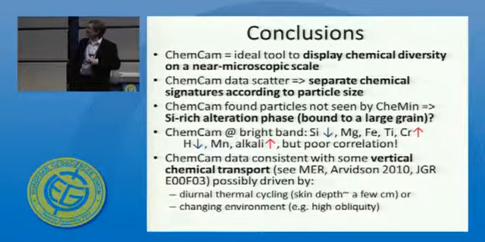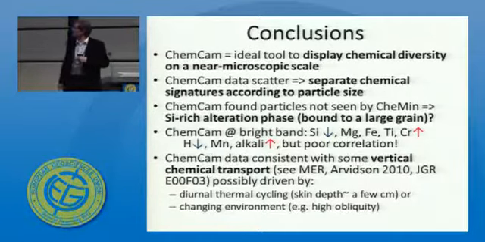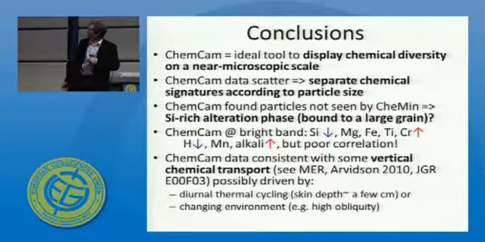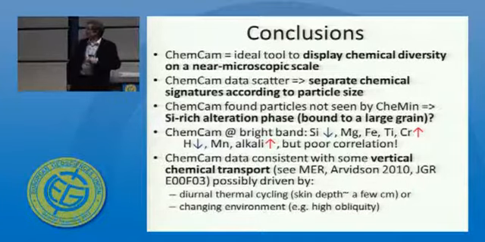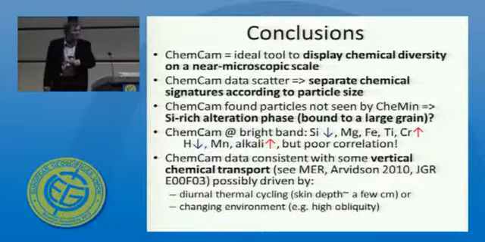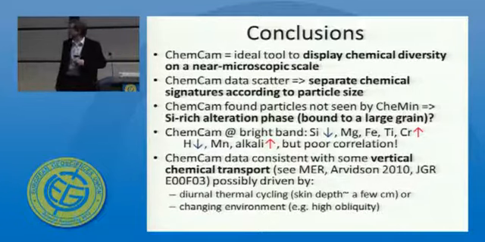And then we see some chemical variation in the subsurface, but poor correlation with the bright band. And finally, the ChemCam data are consistent with some vertical chemical transport that could be driven either by a changing environment.